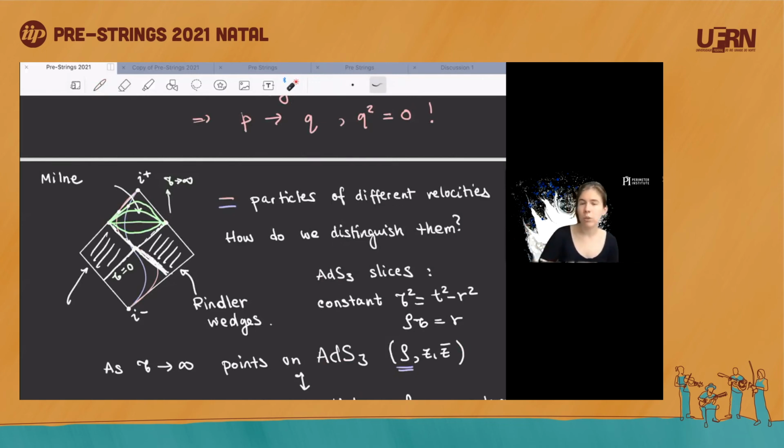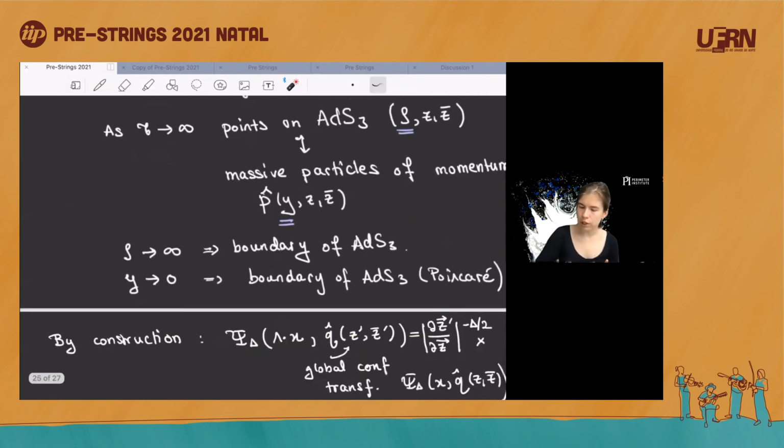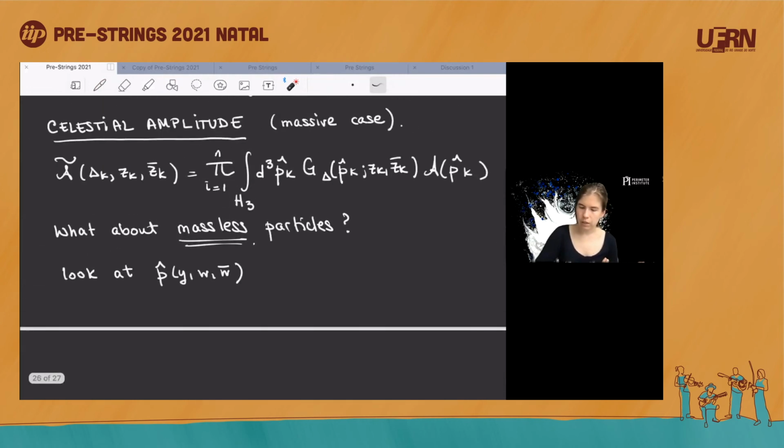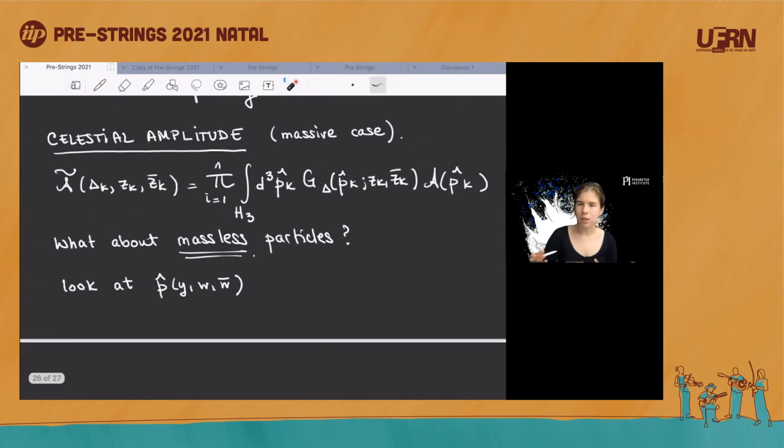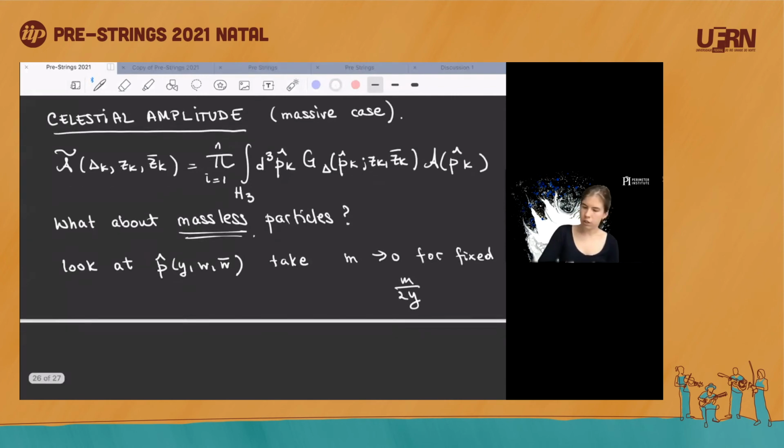So it's natural to expect that in this limit we're going to obtain a massless celestial amplitude describing the scattering of massless particles. So just take M to 0. Oh, sorry. Take M to 0 for fixed M divided by 2y.